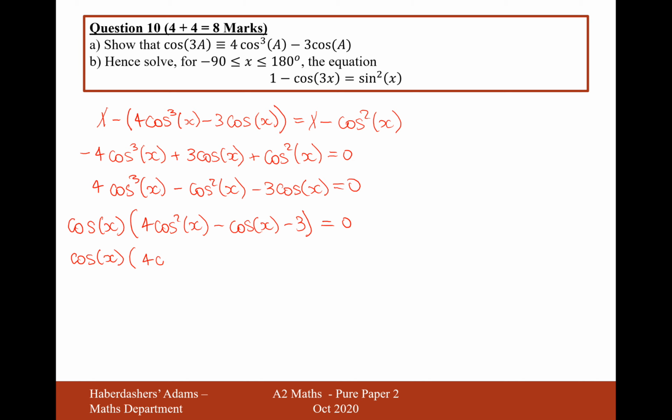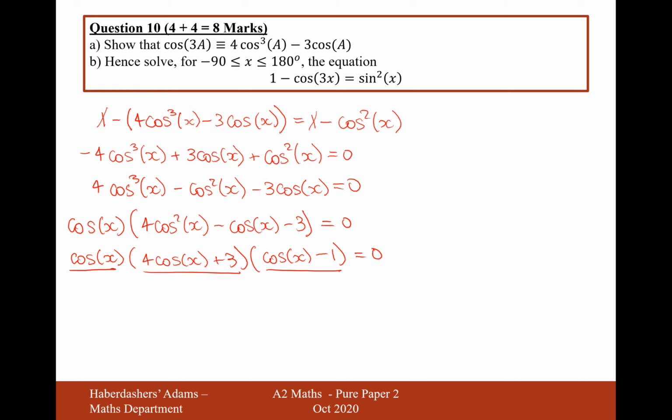Let's now factorise that quadratic bracket some more. It's going to be 4 cos x plus 3, bracket, cos x minus 1 equals 0. Let's just check that. It's minus 3 on the back. Good. So then it would be minus 4 cos x and 3 cos x. Yeah, that all expands correctly. So now we've got 3 expressions here, 1, 2, 3, that are all multiplying together to make a 0.